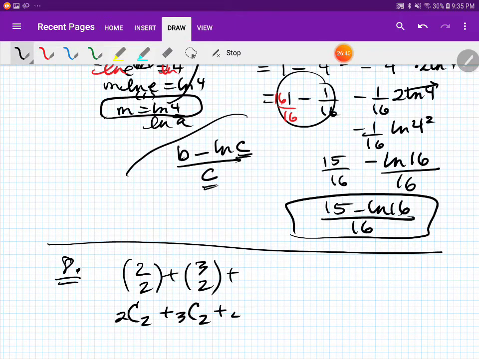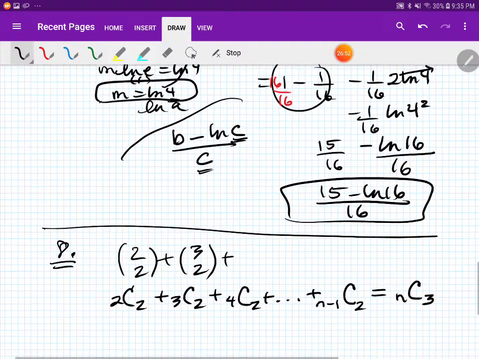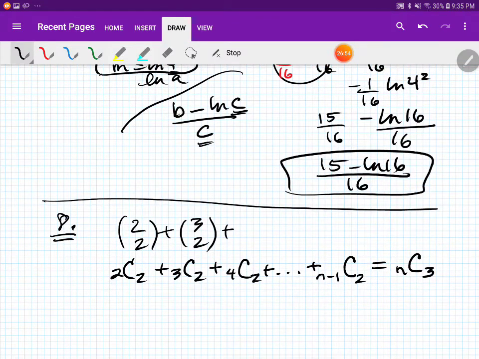In my opinion, I would write it like this, and then this is n minus 1 c2 equals nc3. So I would use this notation. It's perfectly allowed, but it's going to totally mess us up if we're trying to use IB notation in the middle of a math induction problem. So it does say n is an integer.